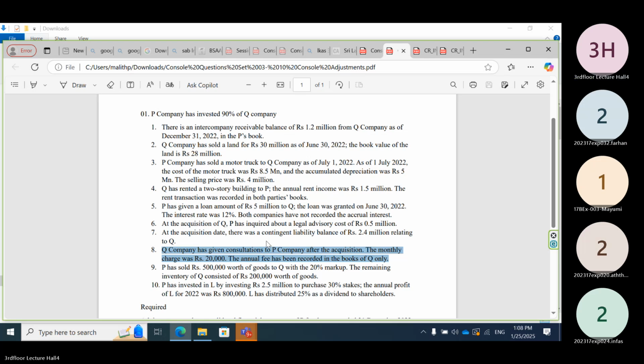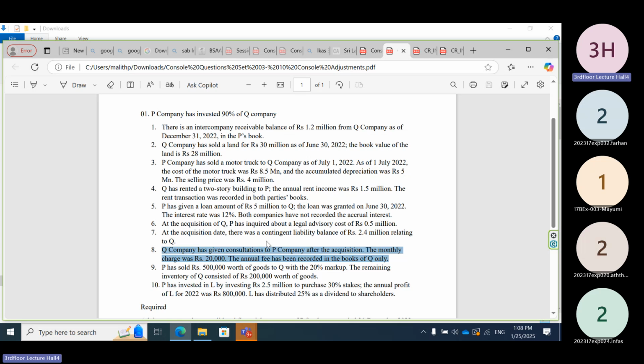Right? So then we need to put an entry to eliminate this and this, so that we keep only 50,000 and 20,000. It was included here, right? So what do we have to do?